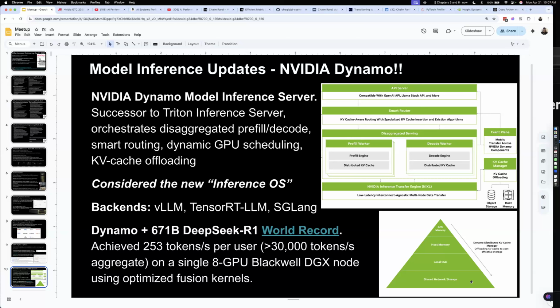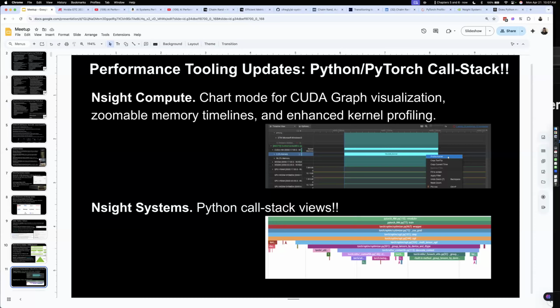I think between 150 and 250 is about as fast as a human can actually read, so pretty good number. And this was on a single 8-GPU Blackwell DGX node. One single node with 8 GPUs was able to serve the 671 billion parameter DeepSeek model. Yes, obviously it was quantized in various ways in order to fit, but pretty good performance overall.